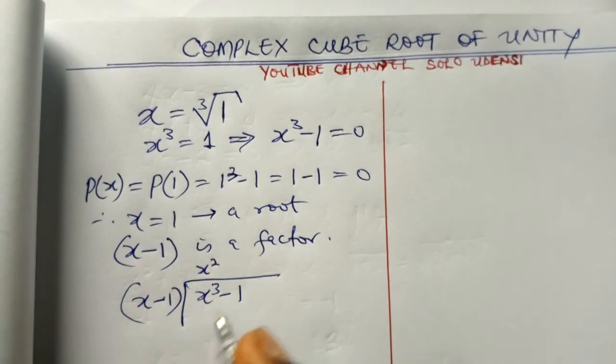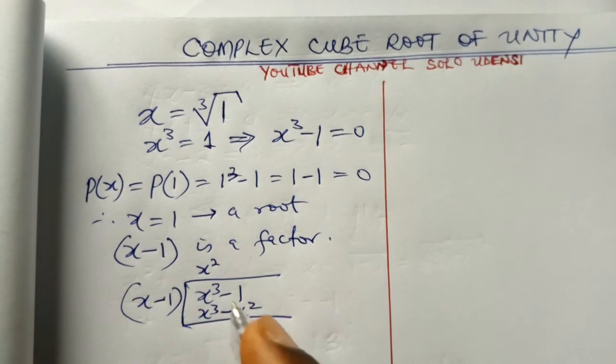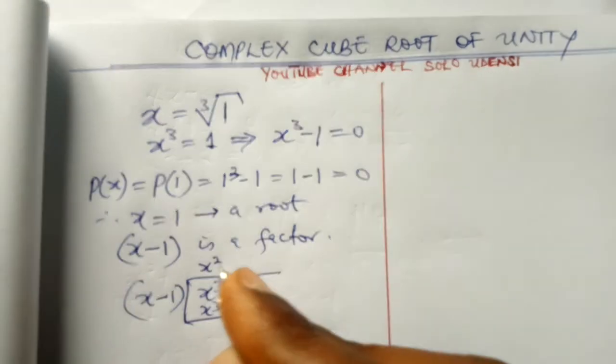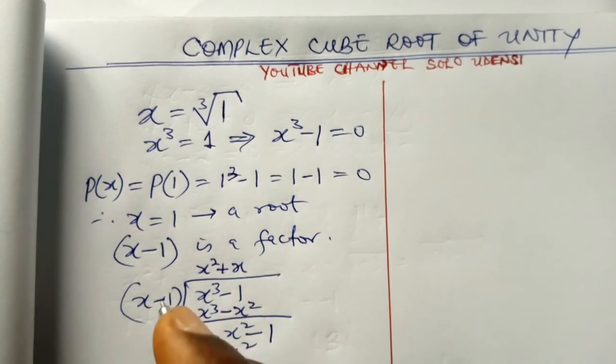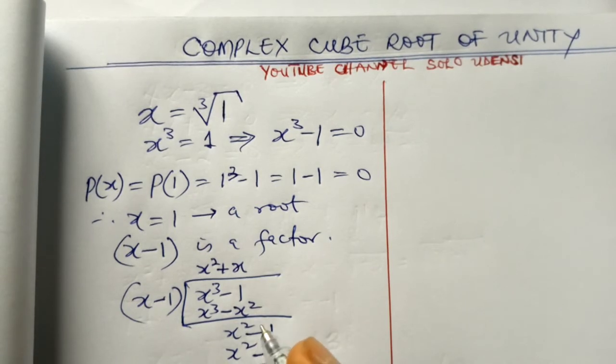Here we get x cubed minus x squared, so that there's no quotient of x squared, so 0 minus this is x squared, then minus 1, so that the next one that will go is plus x. Here x squared, here minus x. No quotient of x also, so 0 minus x is x, then this one equals 1.